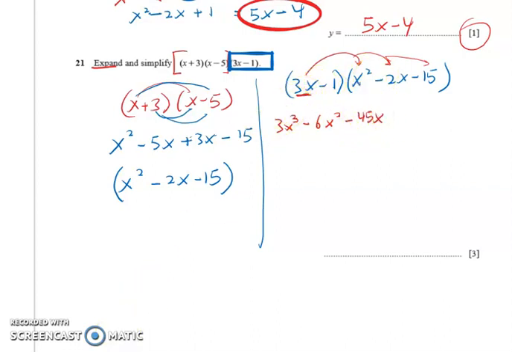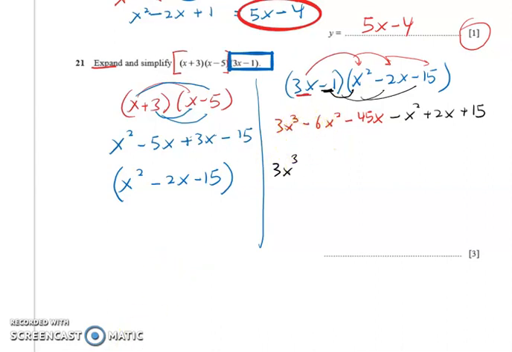Now we are going to do the same thing with minus 1 here. We are going to multiply, so it becomes minus x square, and will become a positive 2x, and again here will be plus 15. Okay, and we are going to simplify this equation now, and we are getting 3x cubed, no changes on this.